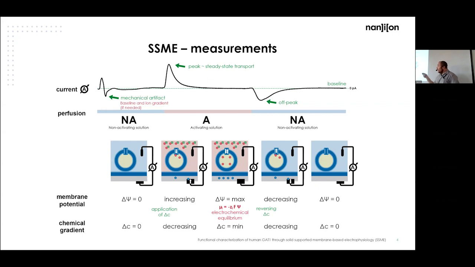This can also be used, though, to generate an ion gradient or a co-substrate gradient if this is needed. Then we perfuse the activating solution that contains our main substrate, and hopefully we activate and see a current generated. Then in the end, we restore the initial condition by perfusing again the non-activating solution. So we have basically the reverse transport reaction.